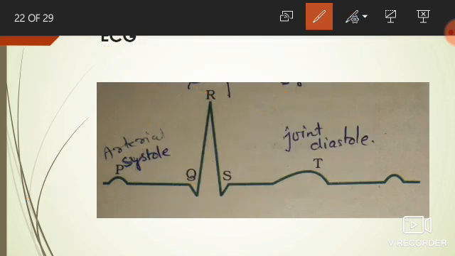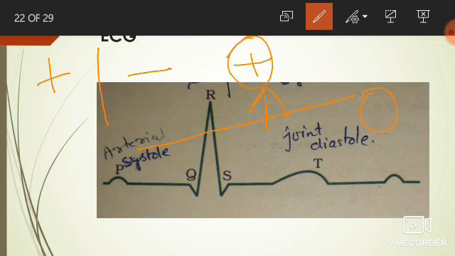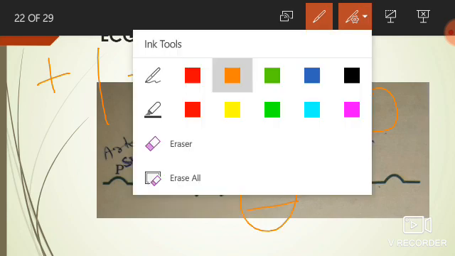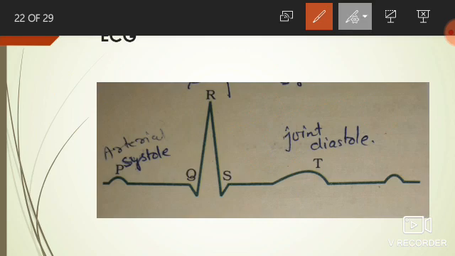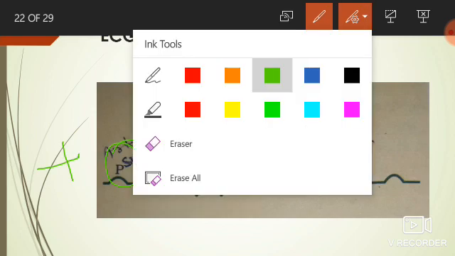This demarcation is done on the basis that the waves present above this line are termed positive waves and the waves present below this line are termed negative waves. So, P wave is above the line, so it is positive.